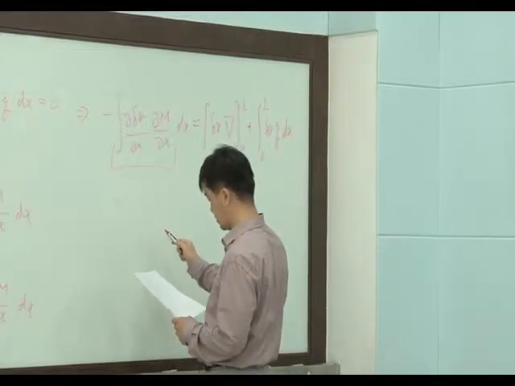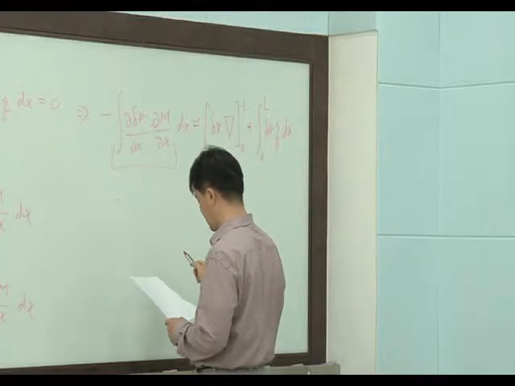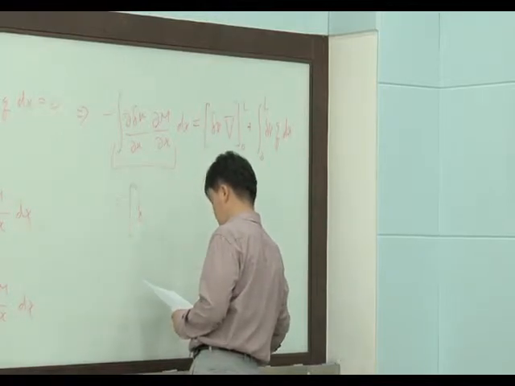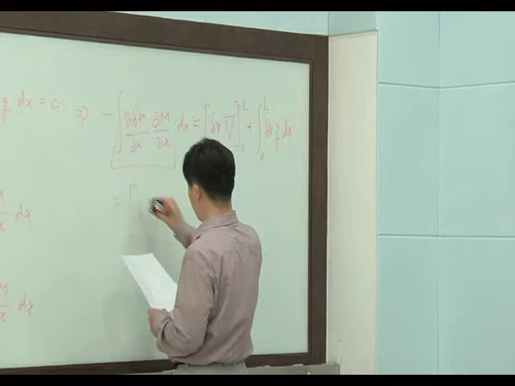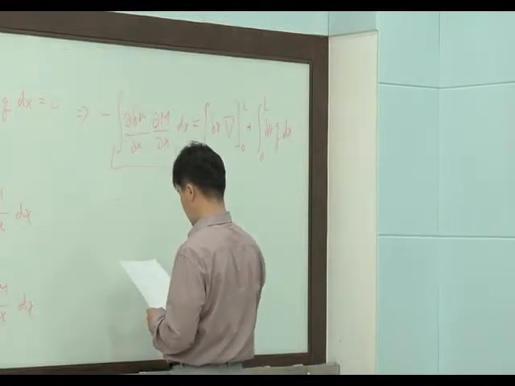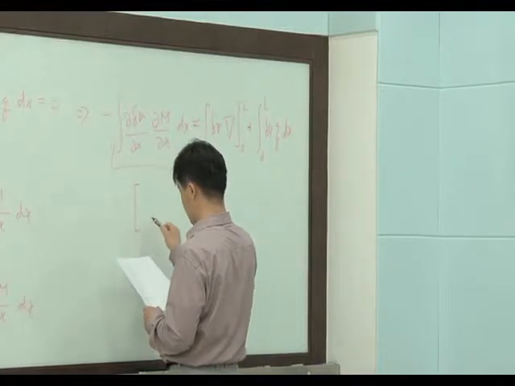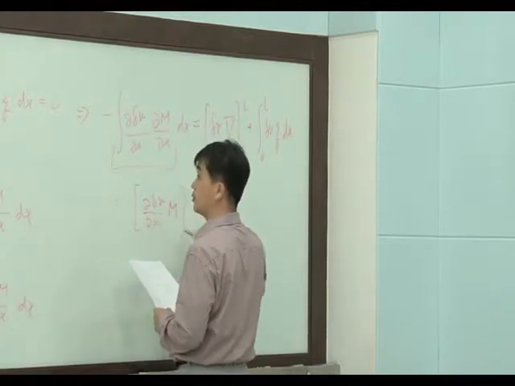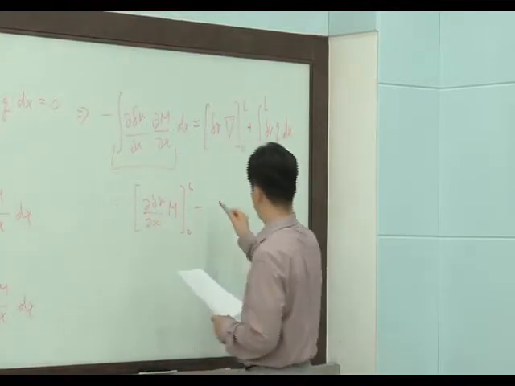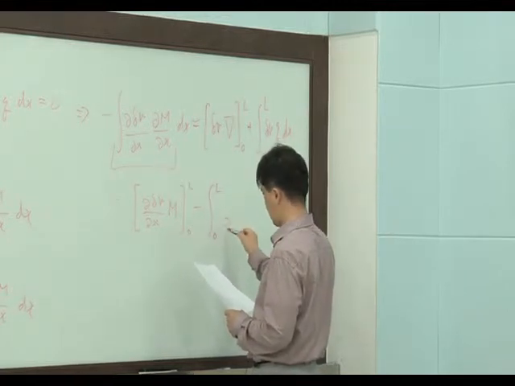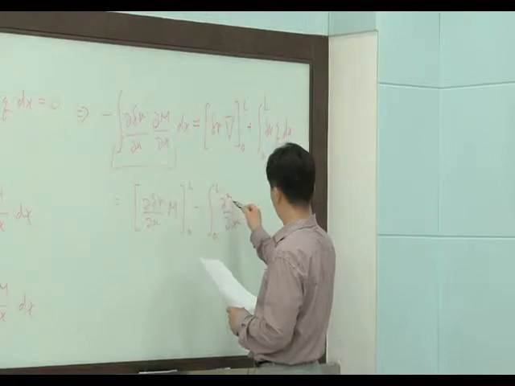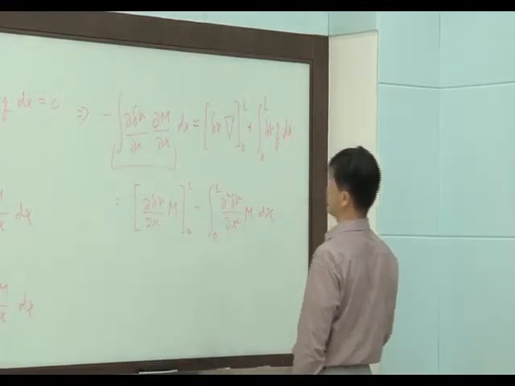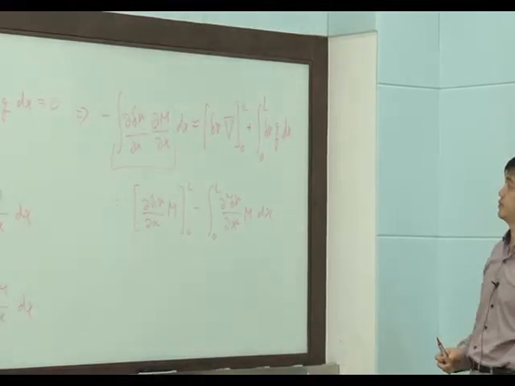So this term equals the same to delta v' M from 0 to L minus the integral from 0 to L of v'' M dx. This is your integration by parts again.